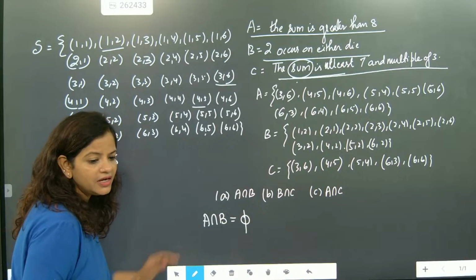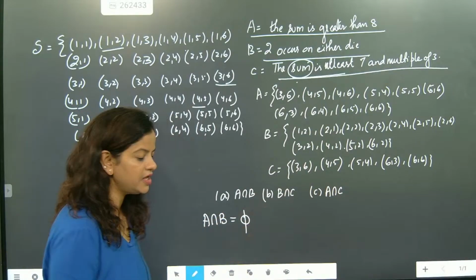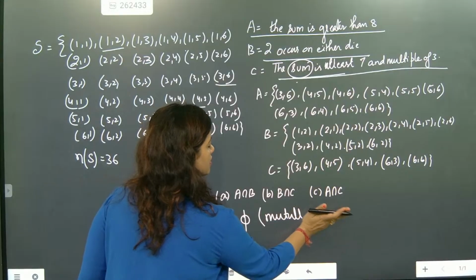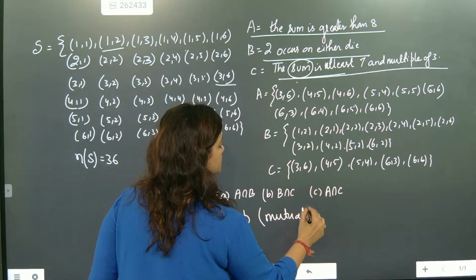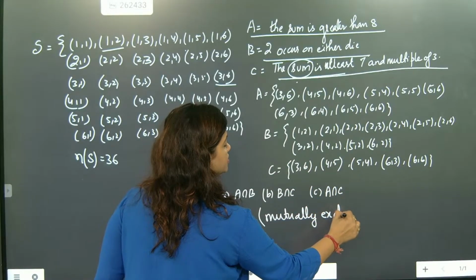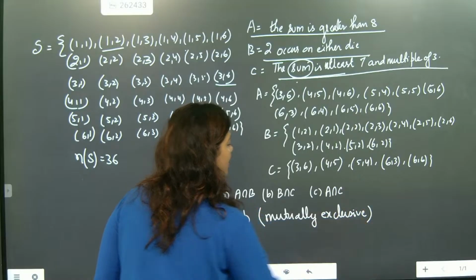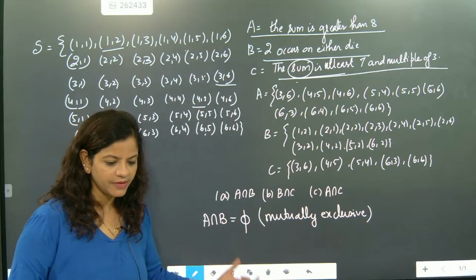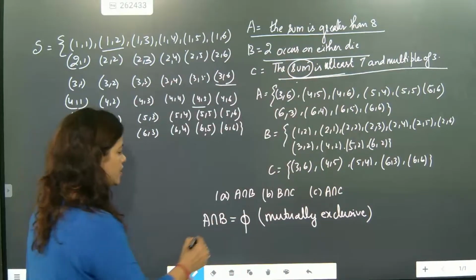The moment A intersection B comes as empty, it is called mutually exclusive. Mutually exclusive means they don't have anything common between them. Understood? So this is mutually exclusive.